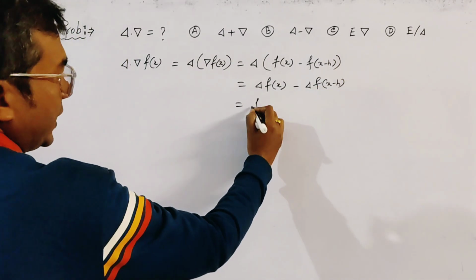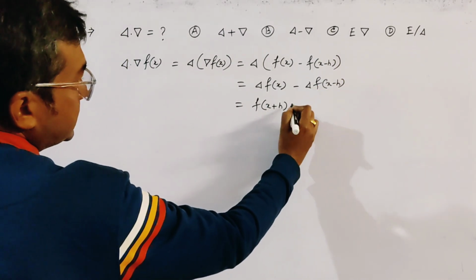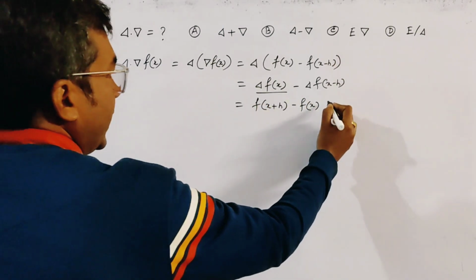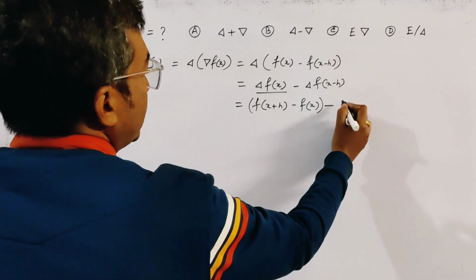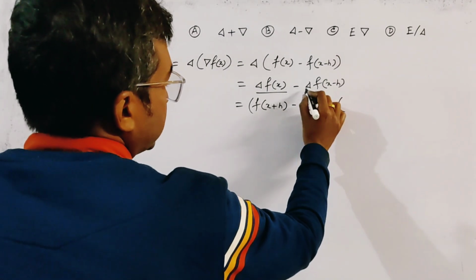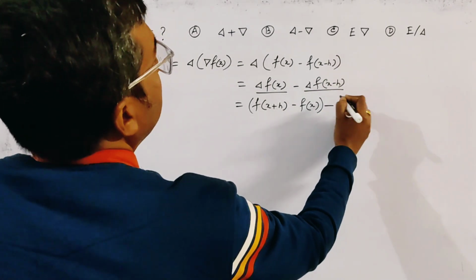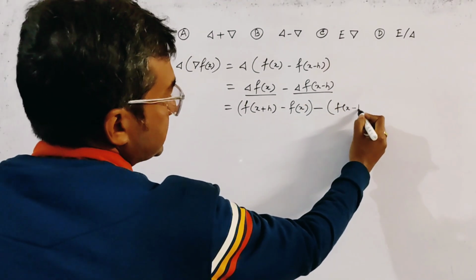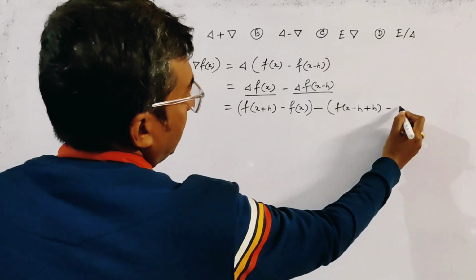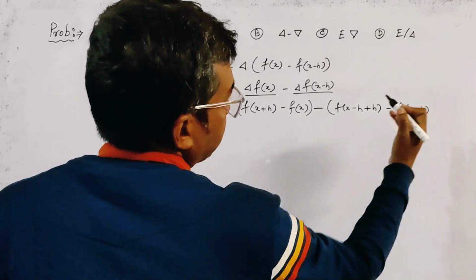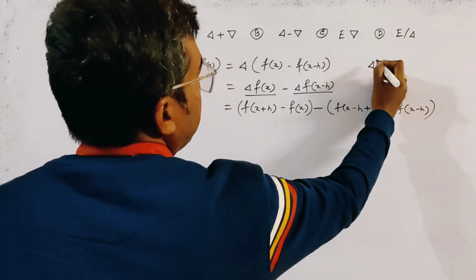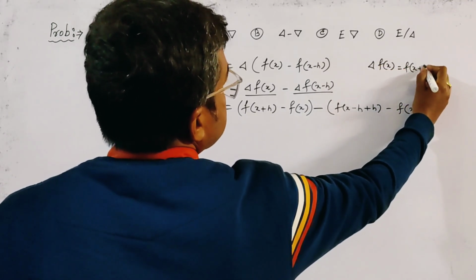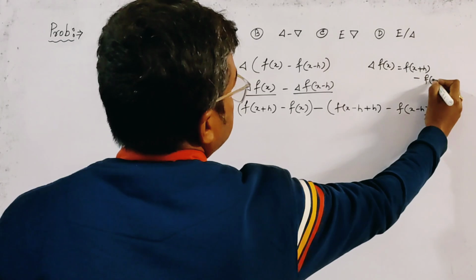This is the definition of delta: f(x plus h) minus f(x). And the definition of delta on the second term is given by f(x minus h plus h) minus f(x minus h), because the definition of delta f(x) is f(x plus h) minus f(x).